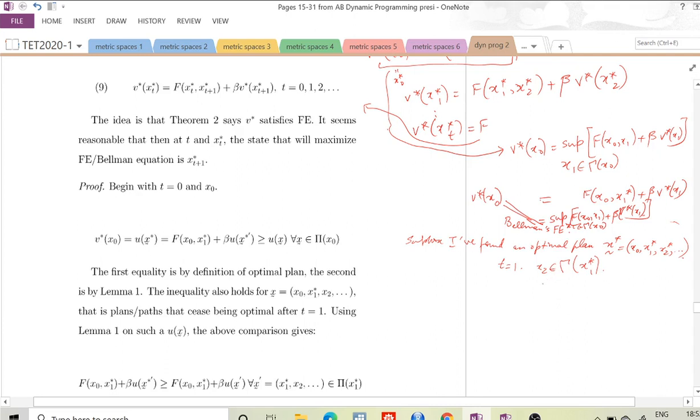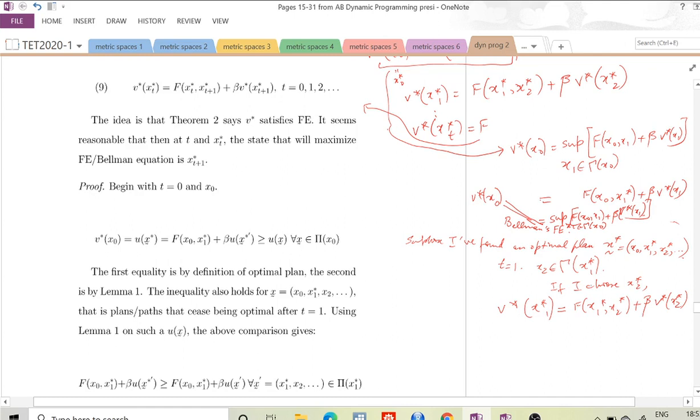So what this is in some sense saying is that if I choose x star 2, I get f of x star 2 blah blah blah plus beta v star x star 2, right? So what equation 9 here is saying is that this is exactly v star x star 1. It's the supremum, it's the max value that I can do.